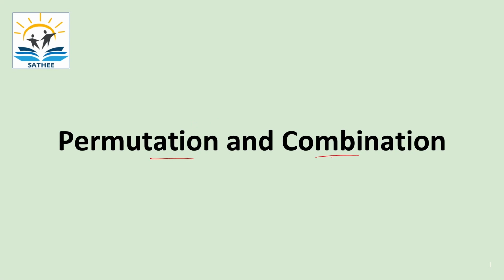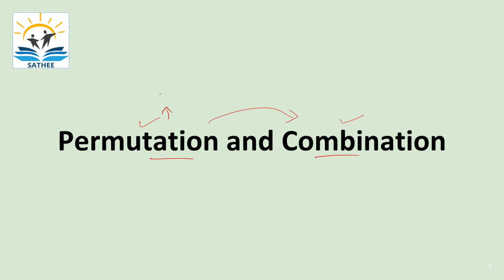In the first lecture on permutation and combination, we discussed all the basic concepts, what permutation is, and the kinds of questions usually asked on permutation in various competitive exams. In the next lecture, we discussed what combination is and how it is different from permutation.